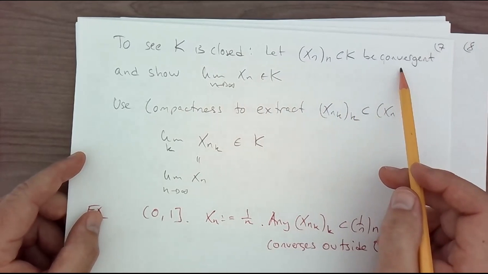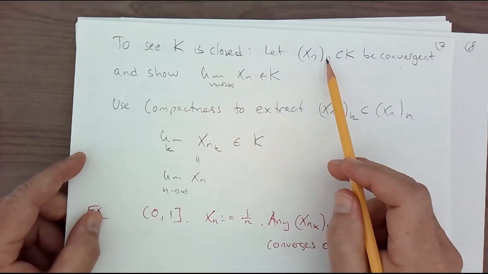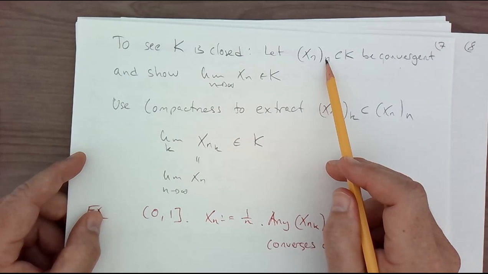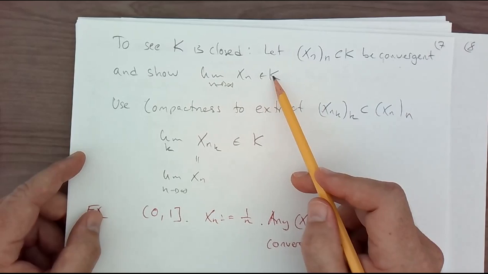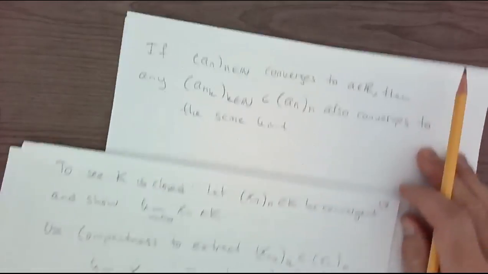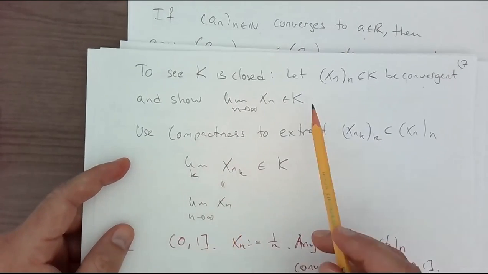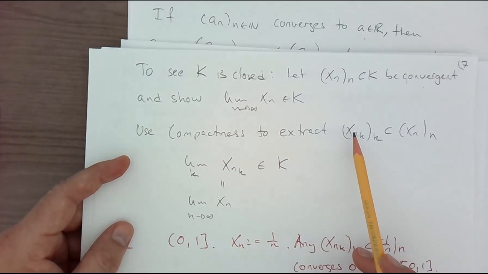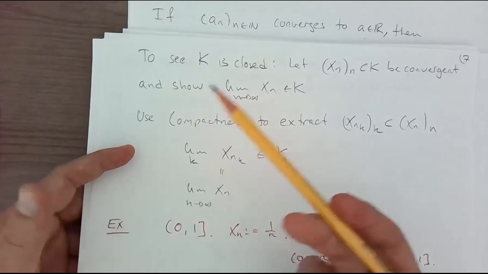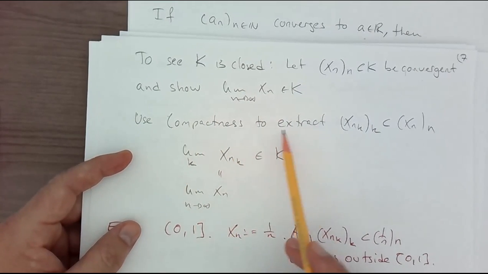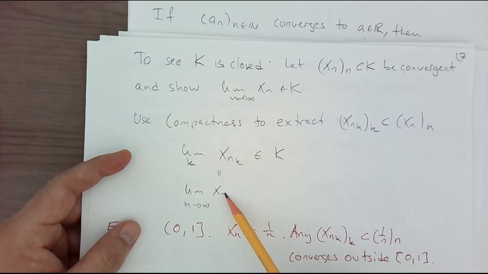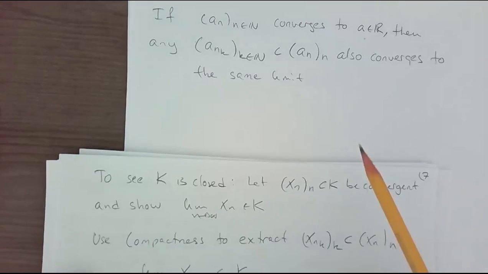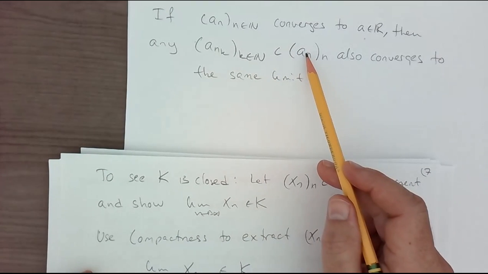You have a convergent sequence, and I want to show that the limiting point is inside K. I take a subsequence, and because of compactness, I know that subsequence is going to converge inside K. So this one here is given by compactness, and this part here is given because x_n converges. If x_n converges, then any subsequence is going to converge to the same limit.